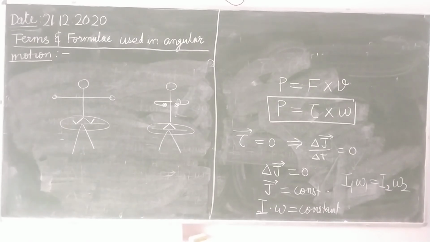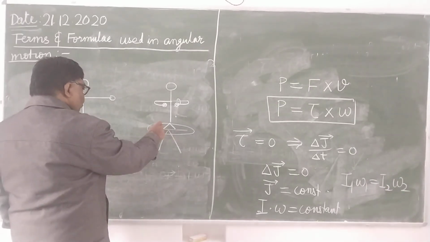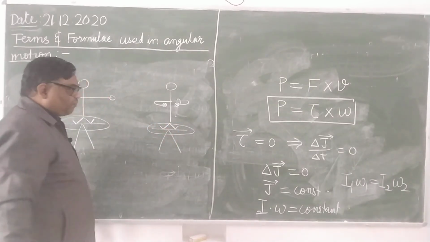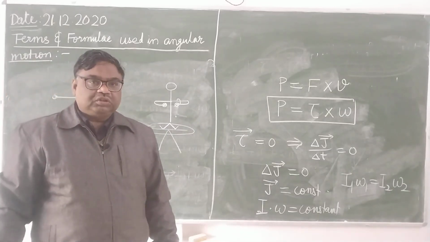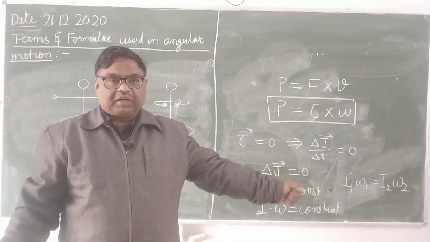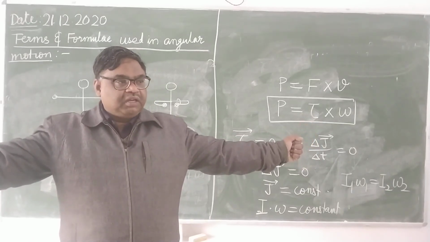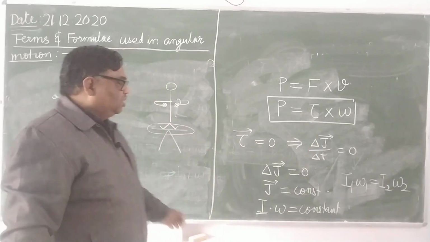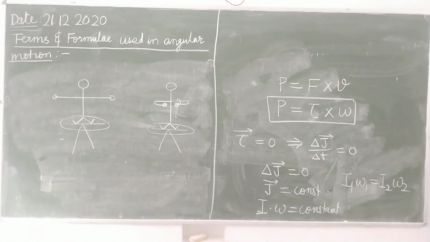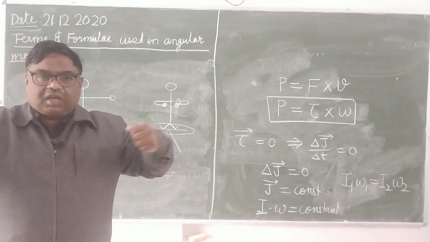So you can see one example of the law of conservation of angular momentum. Suppose I have taken two heavy masses in my hands and am standing on a rotating table. It's clear? In this way, rotating on the standing table. Now after some time I fold the hands.